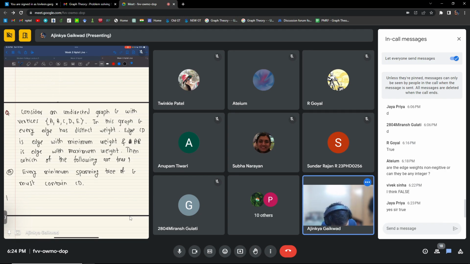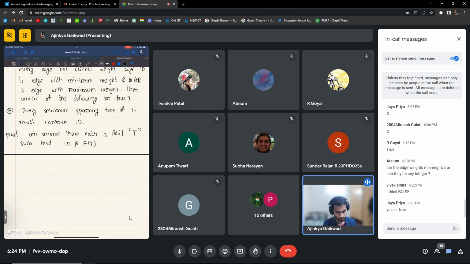So let's say proof. This is a proof by contradiction, which means I will assume what is not true. So let's assume there exists a minimum spanning tree, MST, which I'm calling tree T, such that this edge CD does not belong to the edges of T. Okay.